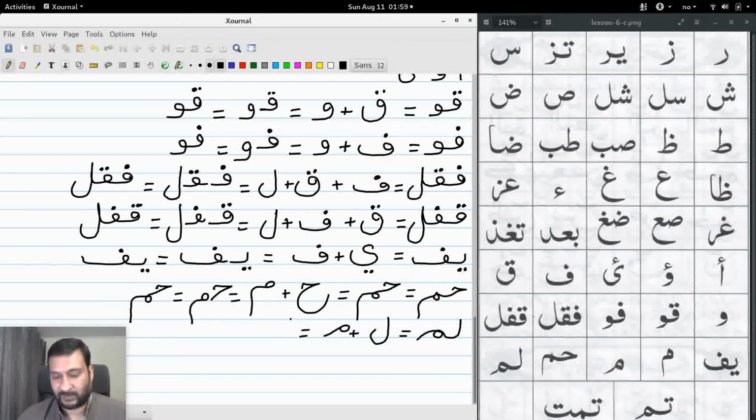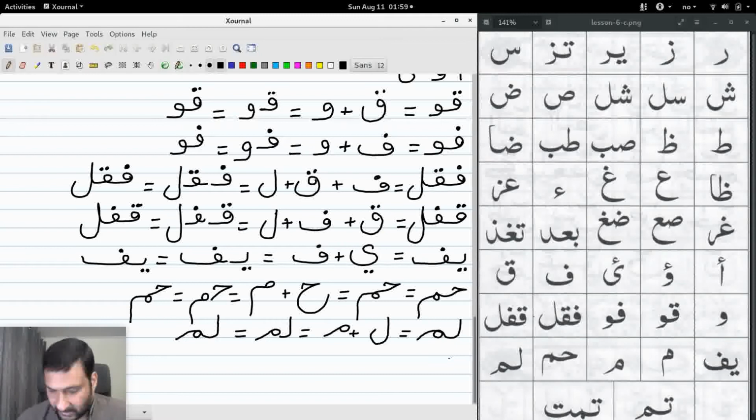So lam, when it's in the beginning of the word, it takes this form, a long vertical line with this reverse L sort of, and then you join mim with it, and in fluent way you just use like this, lam mim. This has to be a bit longer to make it look like it's a lam.